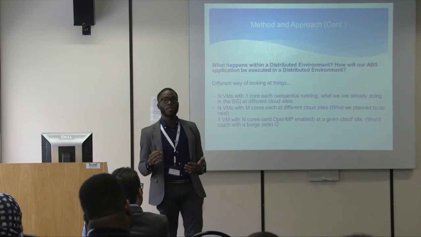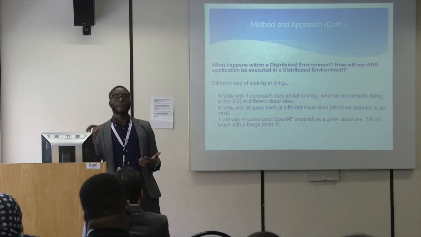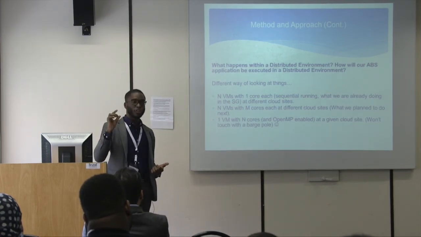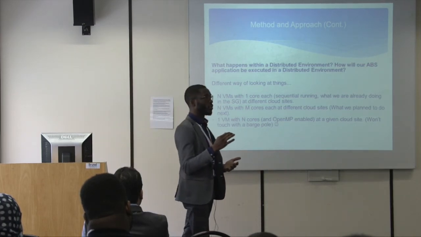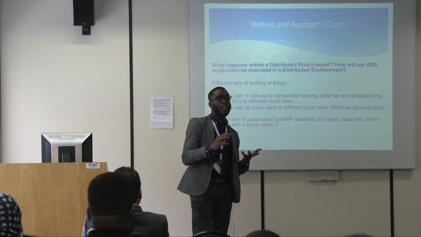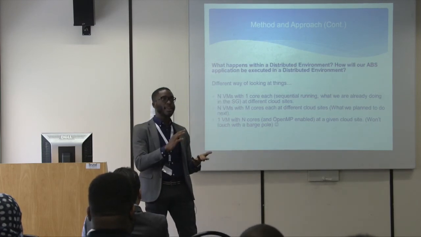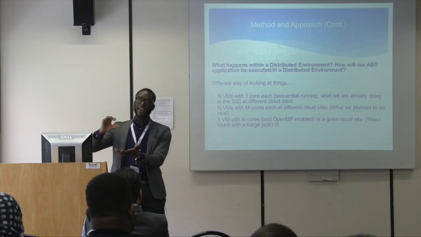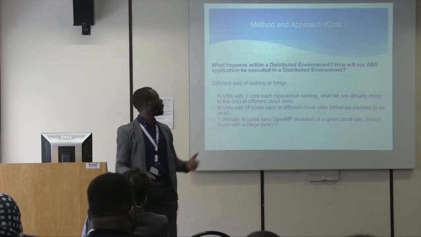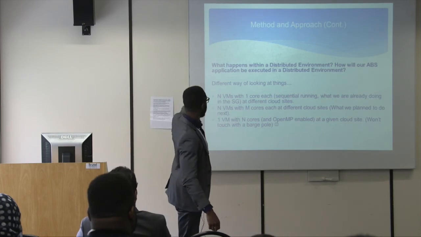Now we could have P number of jobs, one simulation each. Then we have N virtual machines with one core. Then we try to sequentially find a way of mapping our P simulations to our N virtual machines. Building on the first one is an improvement, which leads to the second one.